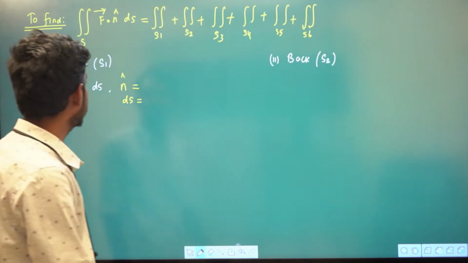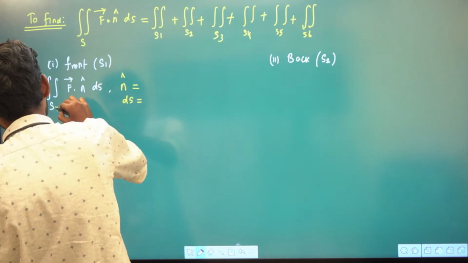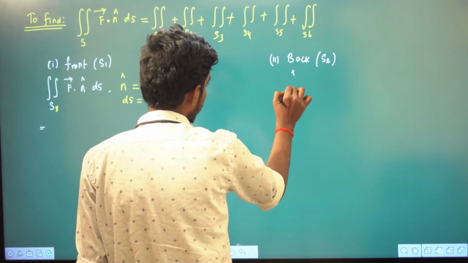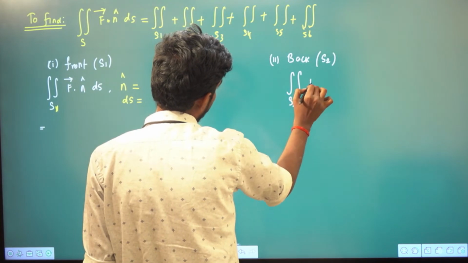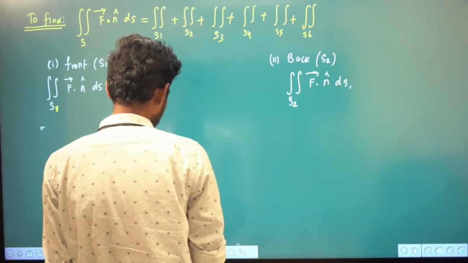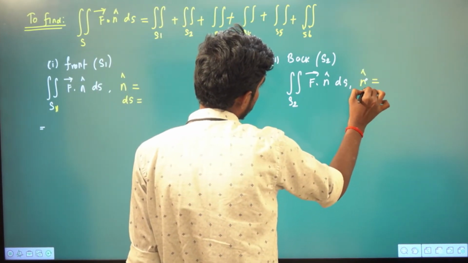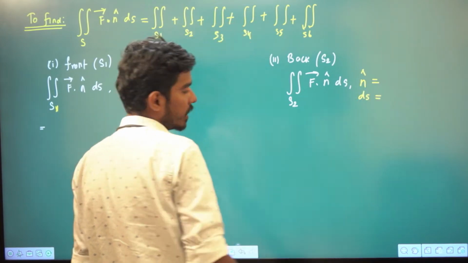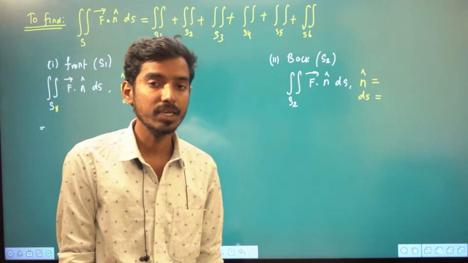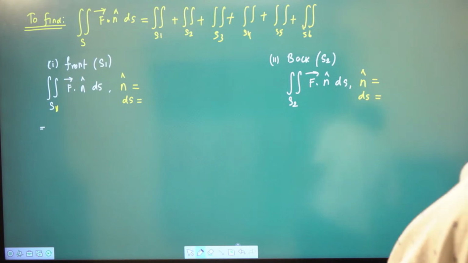Similarly for the surface S2, we need to evaluate the double integral over S2 of F vector dot n cap dS. This will have some n cap and some dS. What is n cap? n cap is the unit normal vector, perpendicular to the surface.